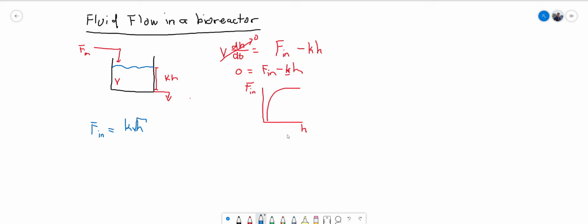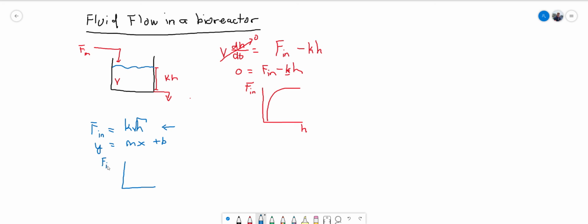So this is our linear form, where y equals mx plus b, which, because our linear line is just going to go through the y intercept at 0, just means b is equal to 0.